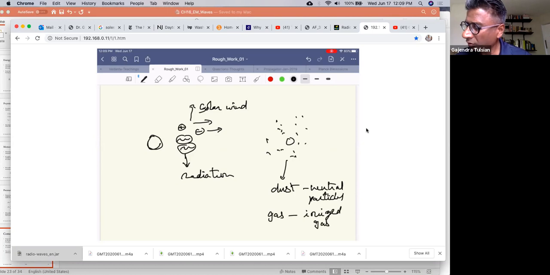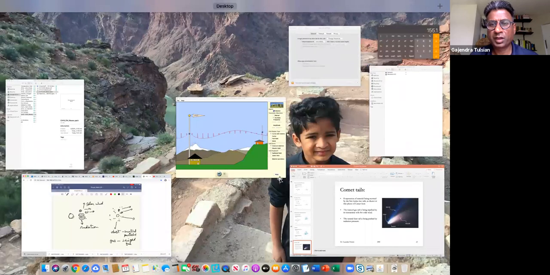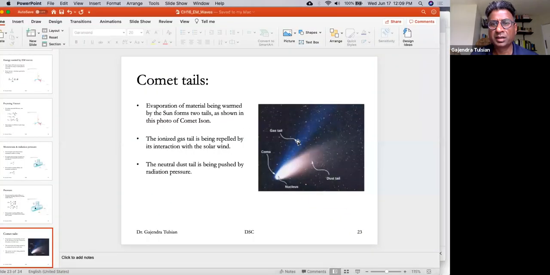The solar wind repels the charged gas, and the radiation exerts a pressure on the neutral dust particles. So you see two tails. The gas tail is the ionized gas being repelled by the solar wind, and the dust tail is repelled by the radiation pressure.